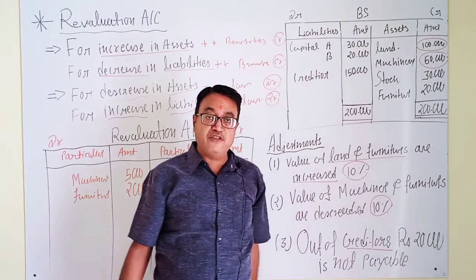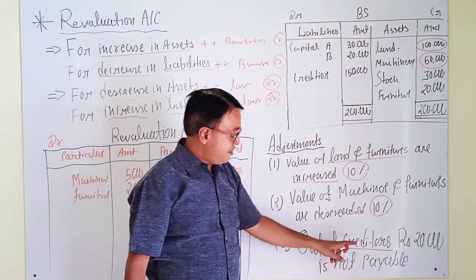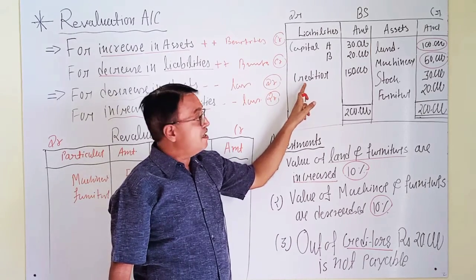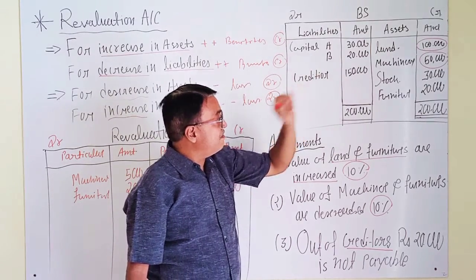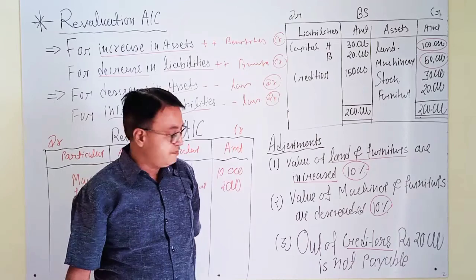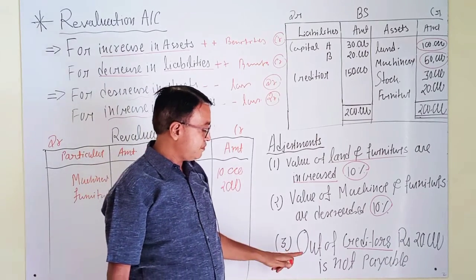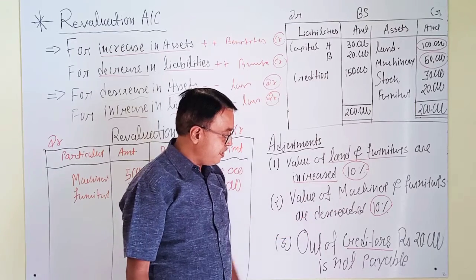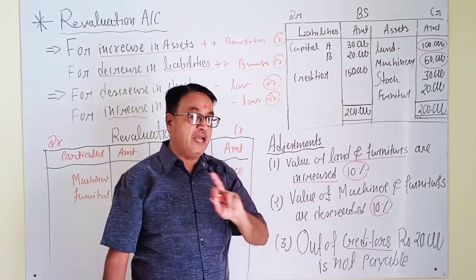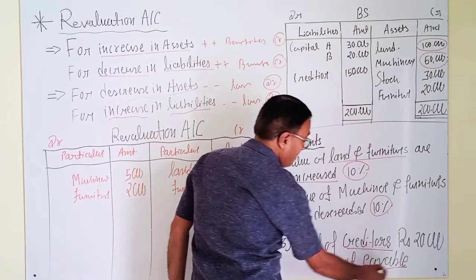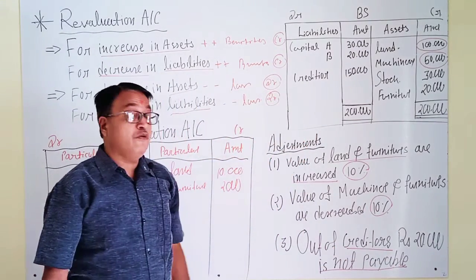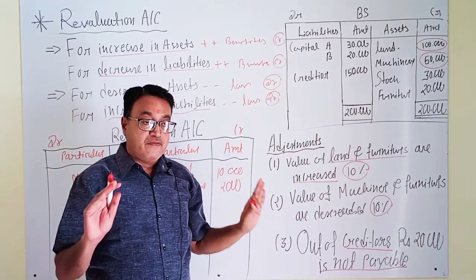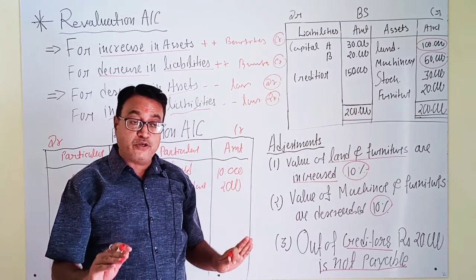From standard 11 you are learning that creditors are our liabilities. Total creditors are given as 1,50,000, and now it is given that out of creditors rupees 20,000 is not payable. Not payable means we do not have to pay in the future either.